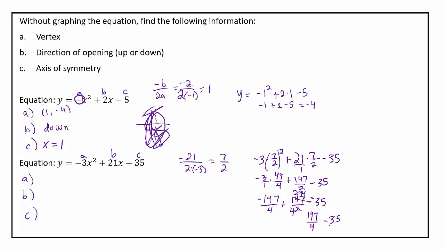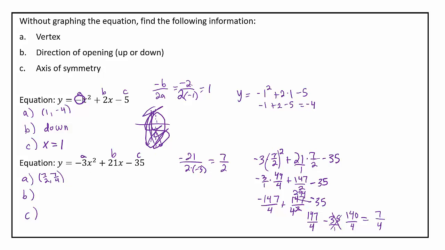So I guess I need to go ahead and get a common denominator for this. 35 times 4 is 140. And so 147 minus 140 is 7. So we get 7/4. That was a whole lot of effort and work to get that our vertex is 7 halves, 7/4. My wish for you is that all of your problems work out to be a nicer vertex than that, although you know what? It sometimes does not happen, unfortunately.